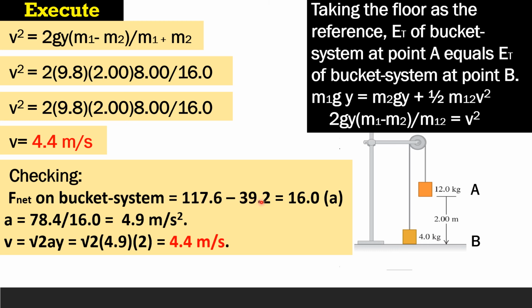Now, we equate this to m times a. Remember, Newton's second law: F net equals mass times acceleration.